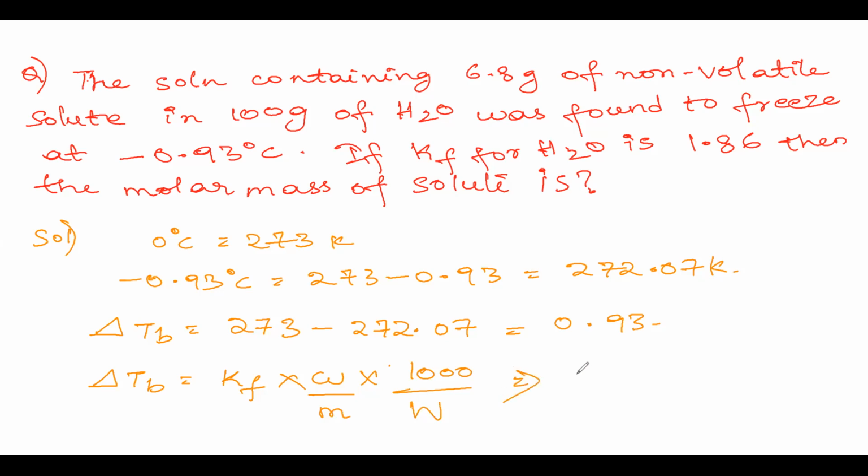Kf is 1.86. So 0.93 is equal to 1.86 into weight of solute 6.8 by X into 1000 by weight of solvent 100 grams.